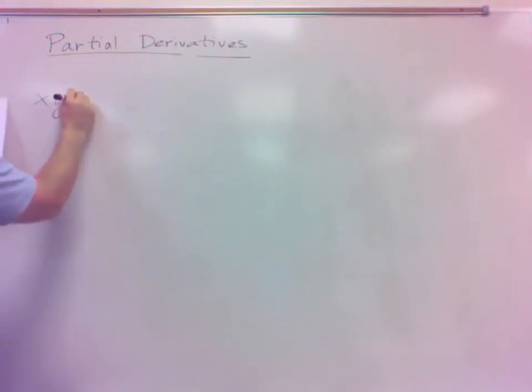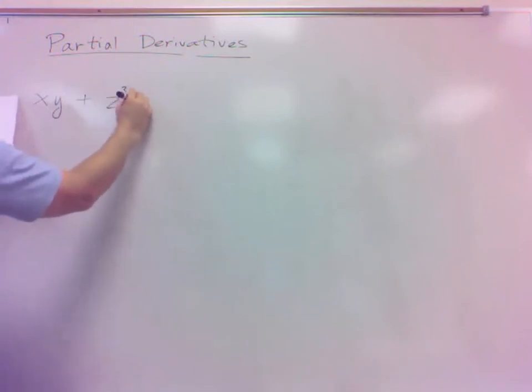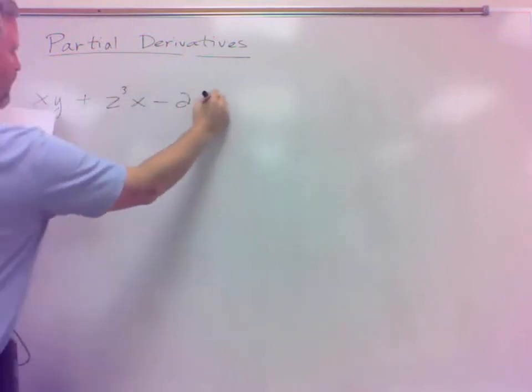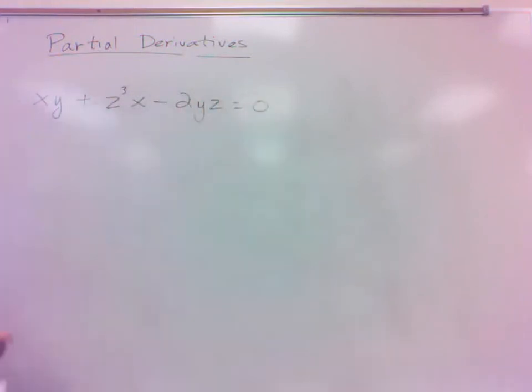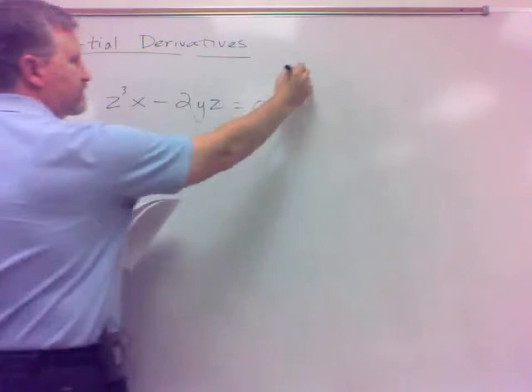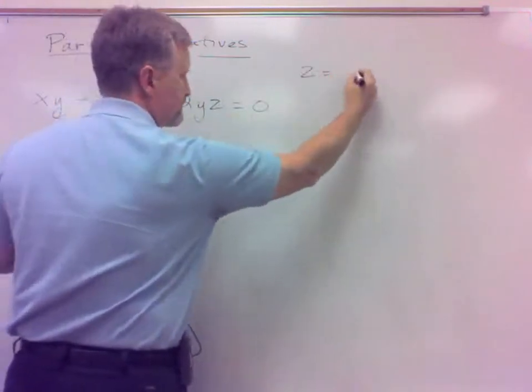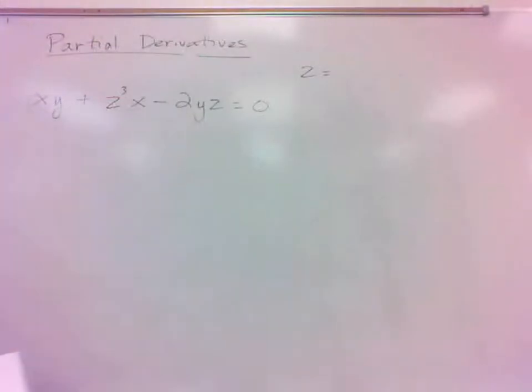Let's say we've got xy plus z cubed x minus 2yz equals 0. Obviously that's going to be difficult to explicitly define z equals; we can't get an explicit z equals expression out of that because it's z cubed and z.